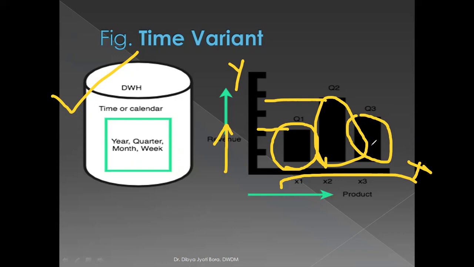Now, can you tell me which product is actually giving more revenue from this figure? X2. And which quarter? Which quarter?